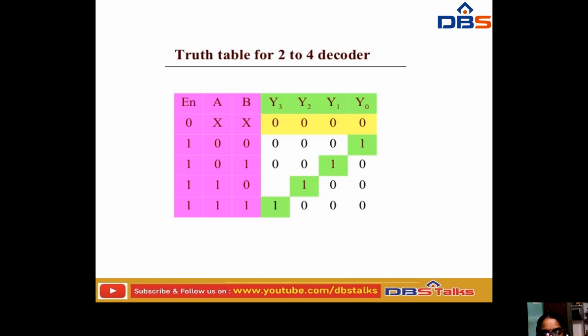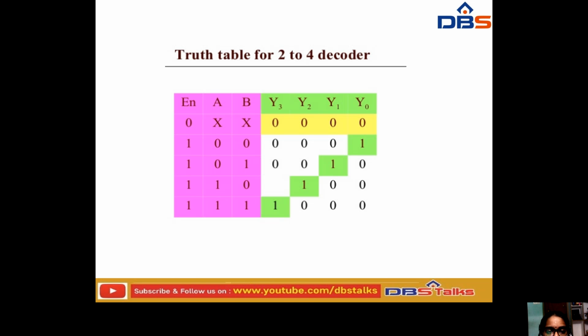0 1 means, as we know from binary number conversions, the value 1. So at the place y1 we have to keep the value 1. The next one, 1 0, means the value 2, so at place 2 we have to keep the value 1. The next one, 1 1, means the value 3, so at the value 3 we place the value 1.